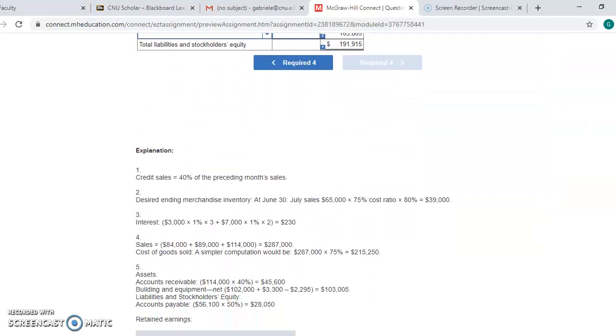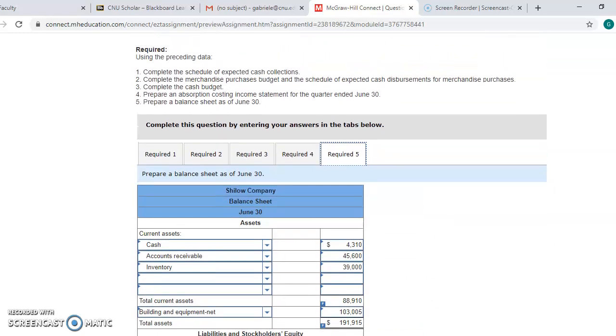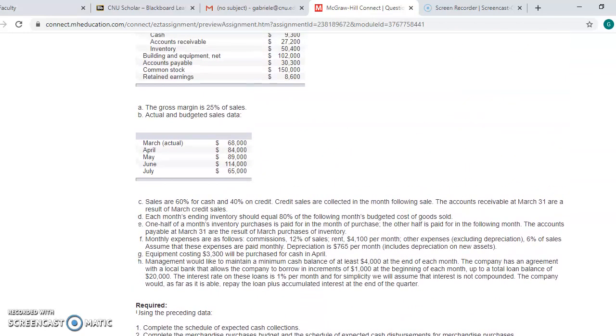Hold on. Ah, right. Never mind. The quarter ends in June, not May. Sorry, I was focused on May, but the quarter ends in June.